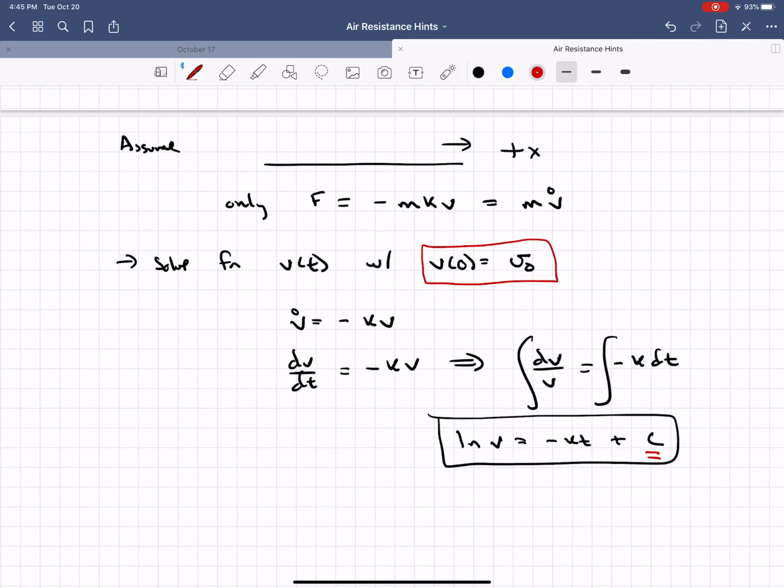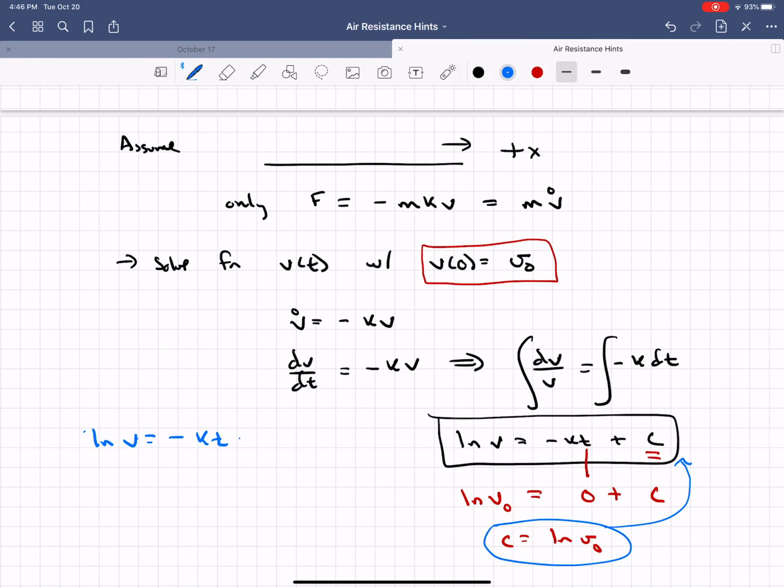The way I do that is when t is equal to 0, my velocity is v0. So apparently c is the natural log of v0. Now that I have my boundary condition, I can put that back in. Now I have the natural log of v is minus kt plus the natural log of v0.